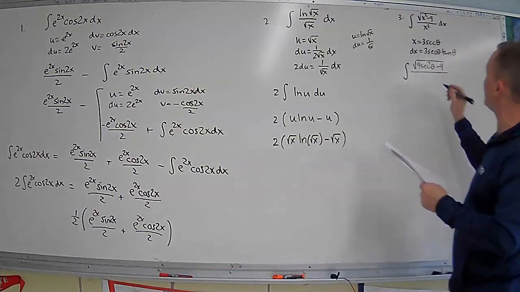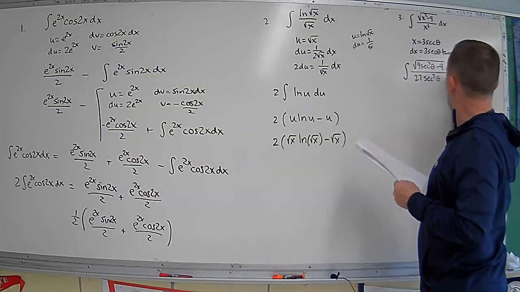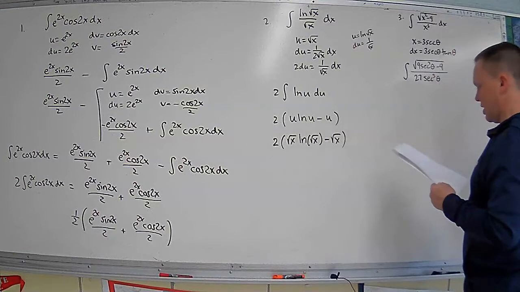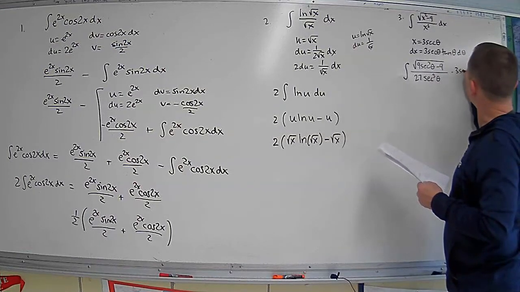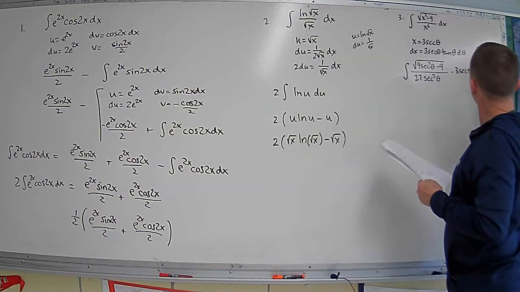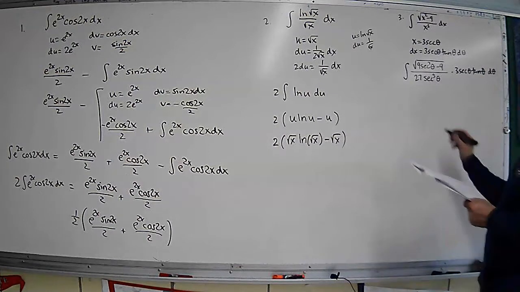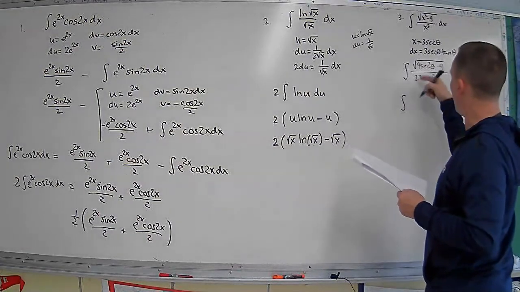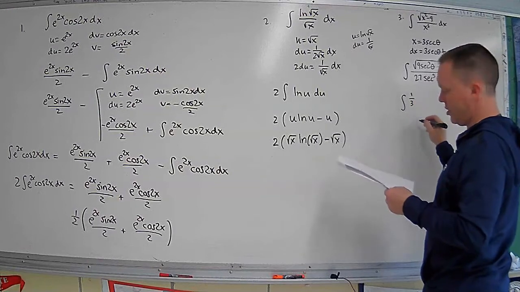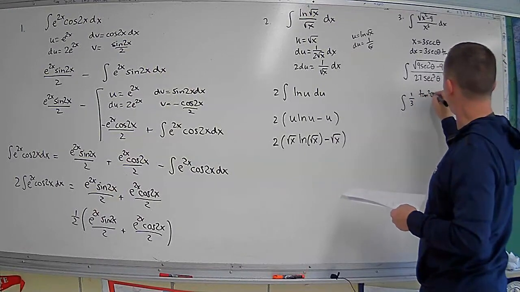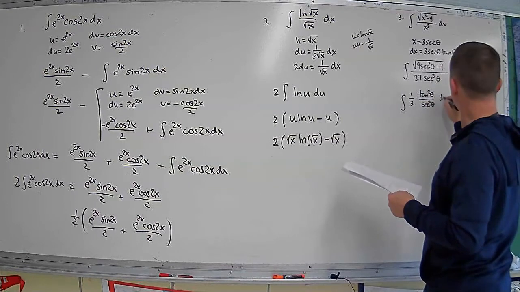That 3 needs to get cubed. A lot of people forgot to do that, so that'll be 27 secant cubed theta, and then we'll substitute in what dx was. Dx was 3 secant theta tangent theta. So this ends up being 9 over 27 is how that simplifies, or 1/3 tangent squared theta over secant squared theta d theta.